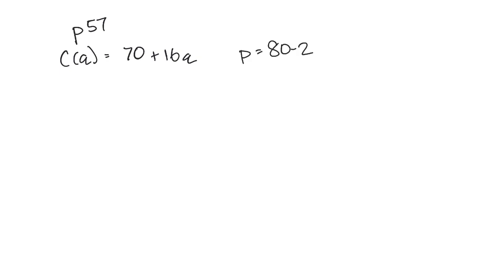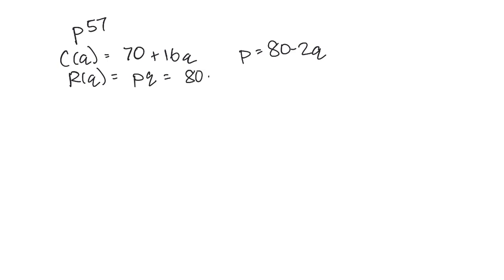Okay, now I actually missed a problem on page 57 of your course notes, so we are not done yet. Okay, and it says, given the cost function, C of Q equals 70 plus 16Q, price P equals 80 minus 2Q, and revenue function R of Q equals PQ, which is the product of these two terms.